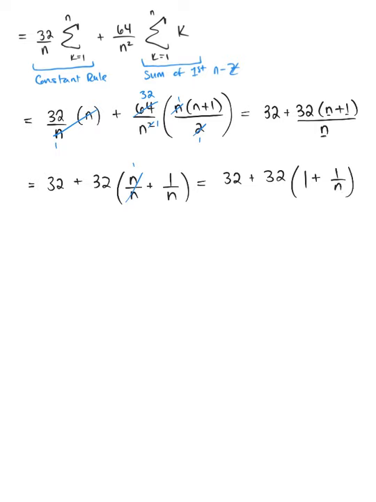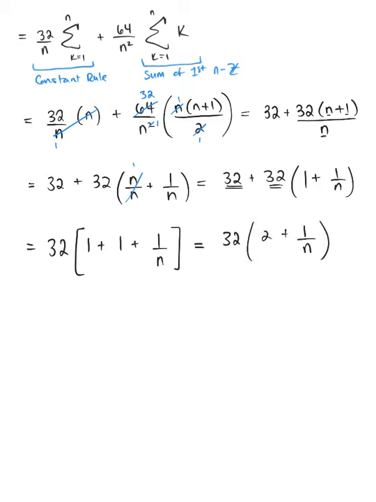And we could take this one step further. We can pull a 32 out of each term here. So this becomes 32 multiplied by 1 plus 1 over n, which leaves us with 32 multiplied by 2 plus 1 over n. Whew! So this is the general formula for Riemann sum.